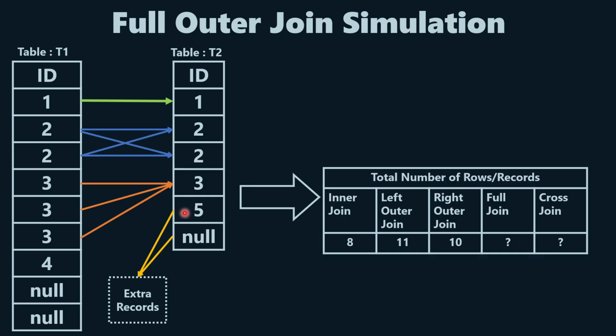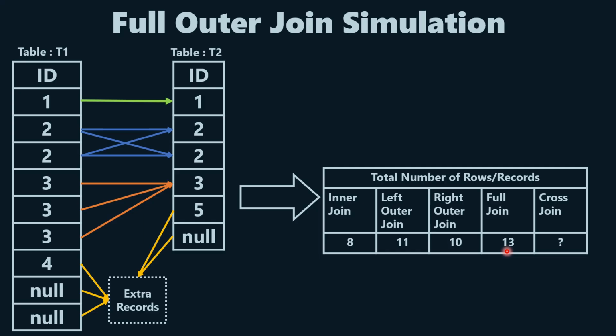So 2 records. So 8 plus 2, 10, and the extra records from T1: the 4 is an extra record, and the nulls are extra records. So in total we have 13 records. 8 records from the equi join, 2 extra records from T2 and 3 extra records from T1. So 8 plus 5, 13 records.